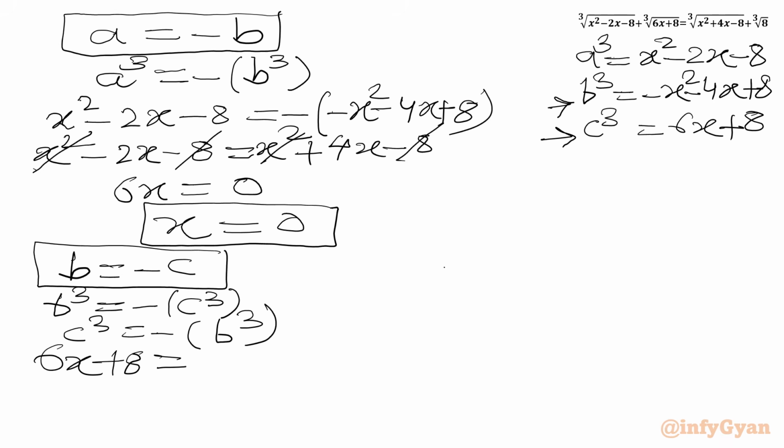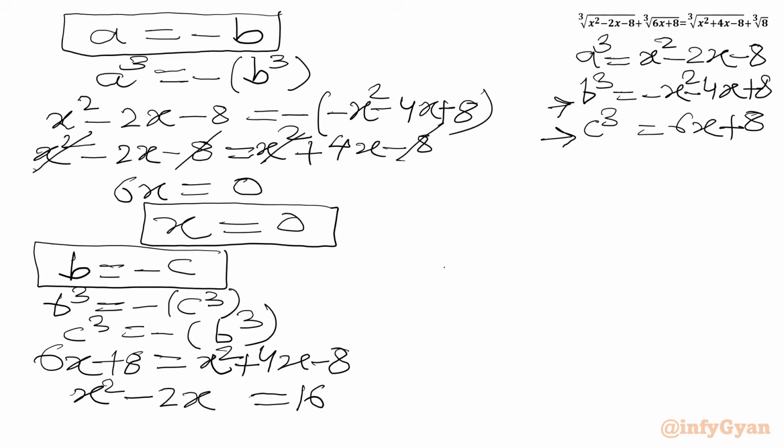After multiplying b cube by minus, I can write x square plus 4x minus 8. Now we will write here all the terms to RHS, x square minus 2x minus 8 minus 8, minus 16.